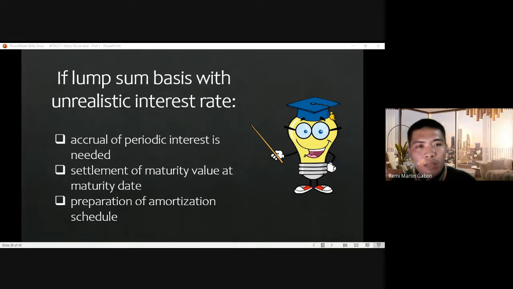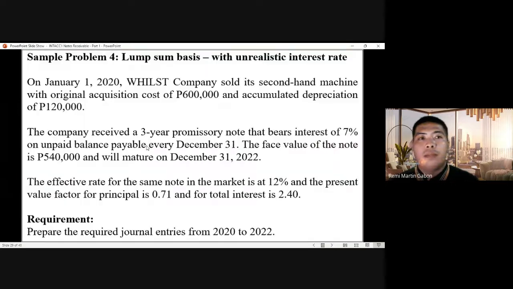But because of the concept of unrealistic interest rate, some other books also discuss it, especially in the auditing books. Okay? So we're going to prepare amortization schedule. So let us apply this concept.